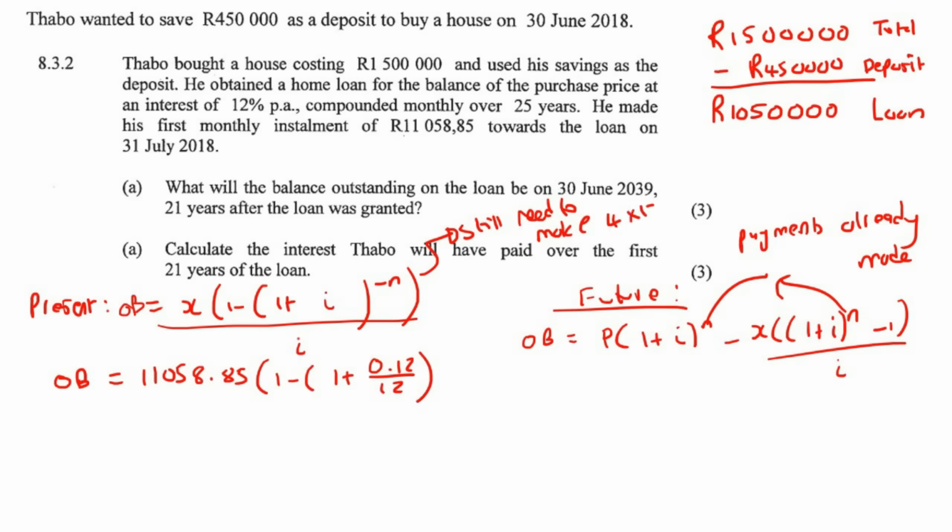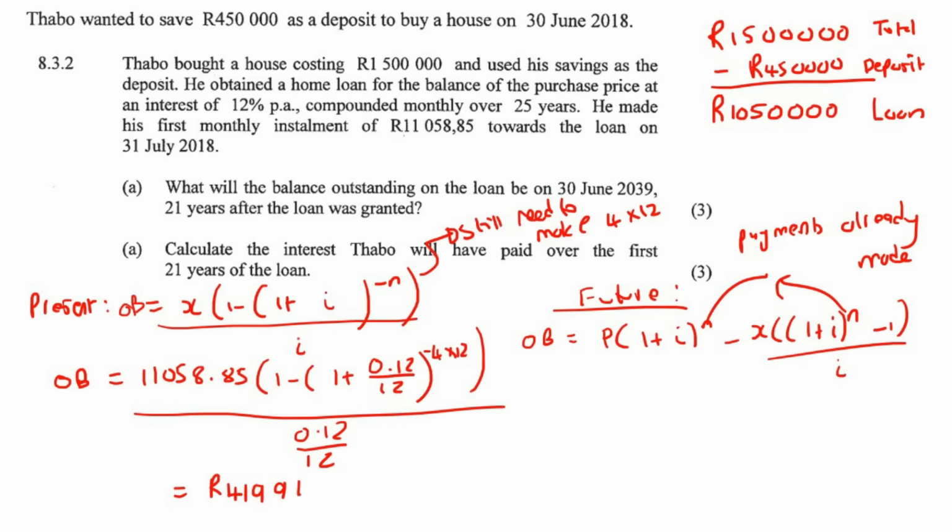So that's 4 times 12, but it's a negative, over 0.12 over 12. Go ahead, type this all in. And we get 419948.32. Okay, now we're going to look at the future value method.